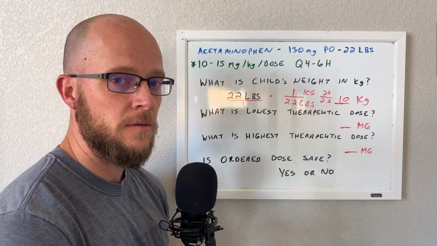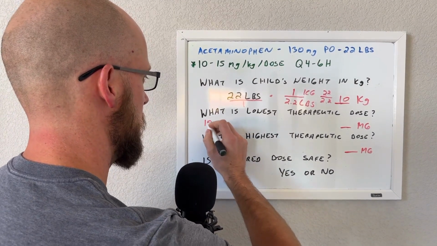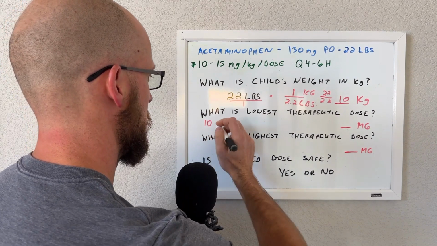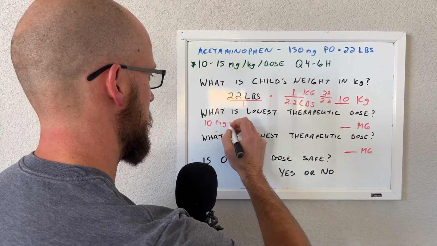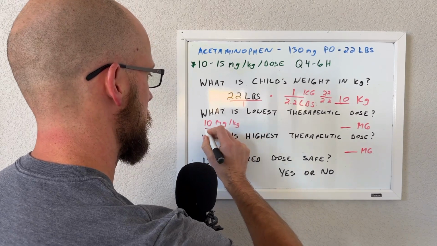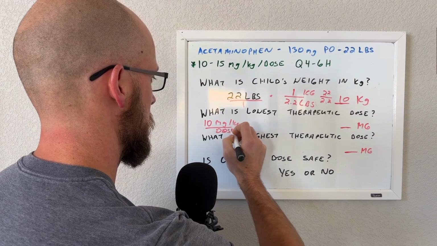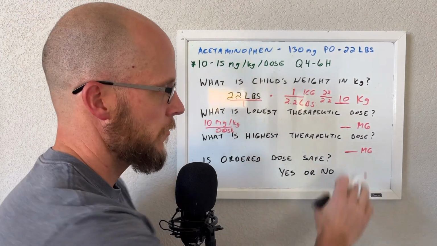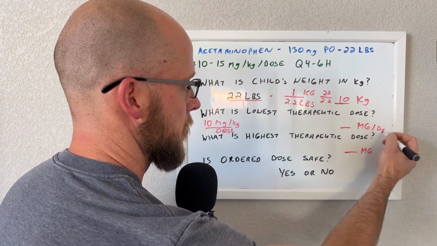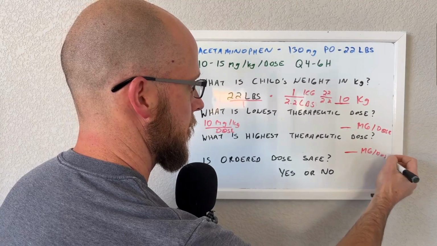So then what we need to do, so what do we know? We have 10 milligrams per kilogram per dose. So then we're trying to get to how many milligrams per dose. Same with this one here. I'll go and put that in there.